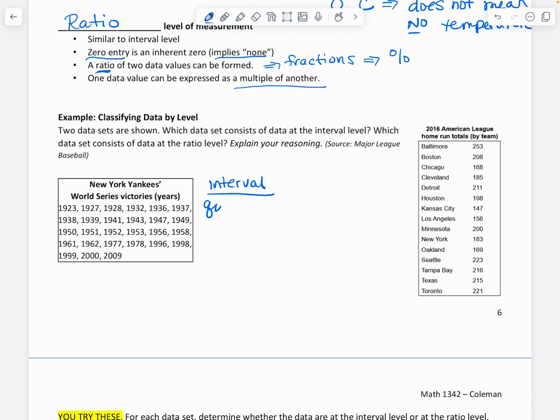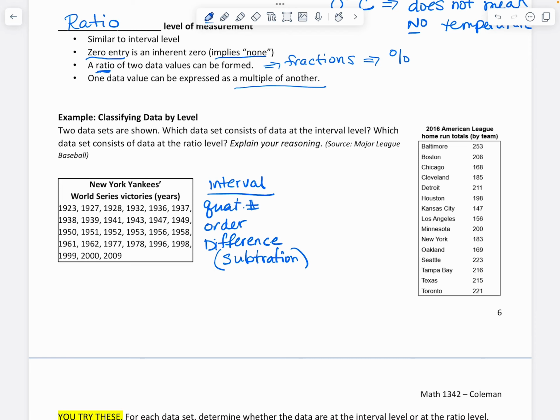Okay. Again, because they're numbers, they're quantitative. They are in order. Okay. Difference does have a meaning. So when we think of the difference, oftentimes we're thinking subtracting them.